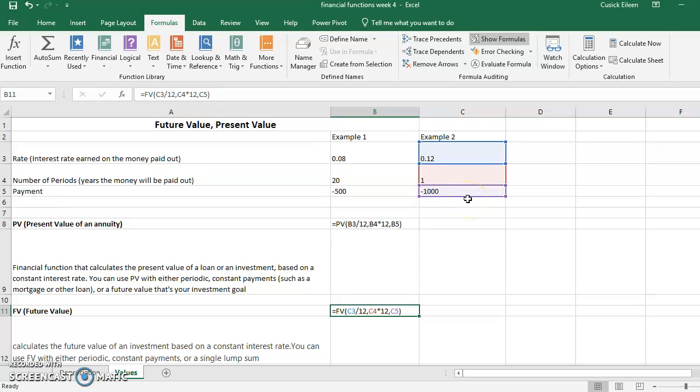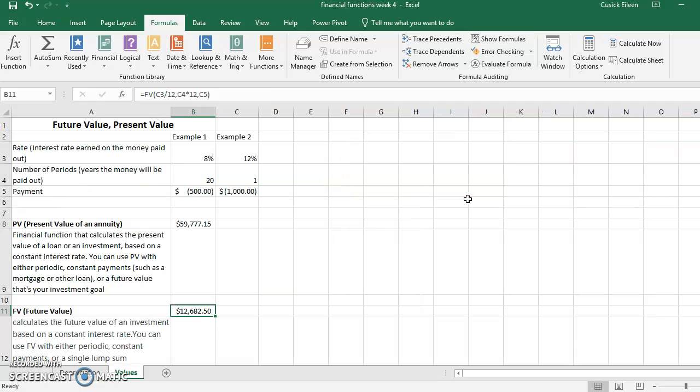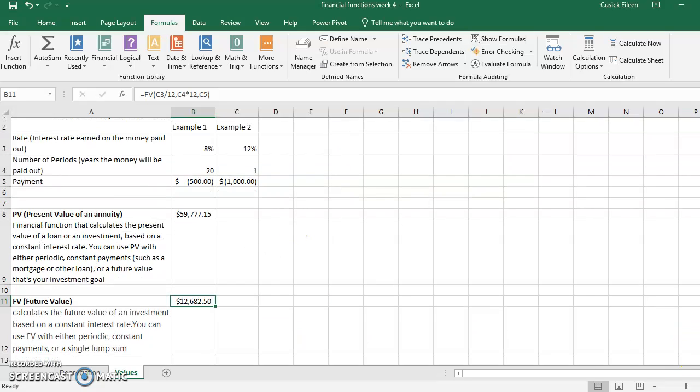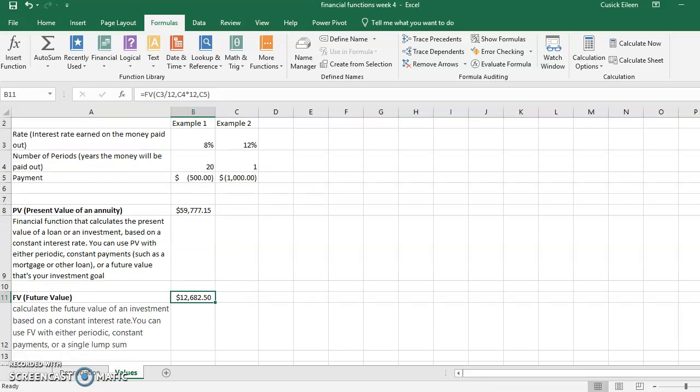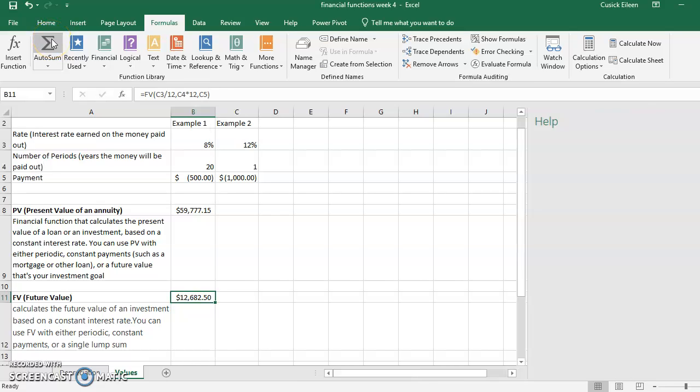So what this is telling me is that if I put money away monthly, the future value of this setup, putting aside $1,000 at 12% for 1 year, doing it monthly, would be $12,682.50.